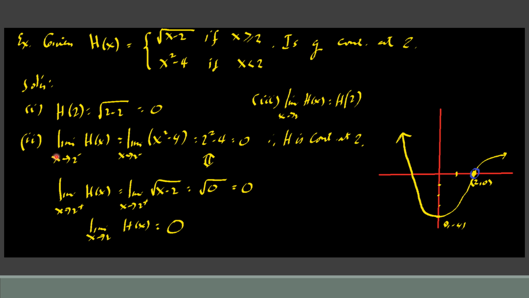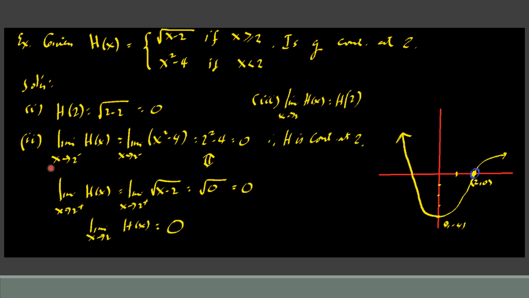Next, we evaluate the limit of h of x as x approaches 2 from the left. Because the intervals involved are negative infinity to 2, and 2 to positive infinity, and we want to find the continuity at 2, there is a need of evaluating the right and the left hand limits.